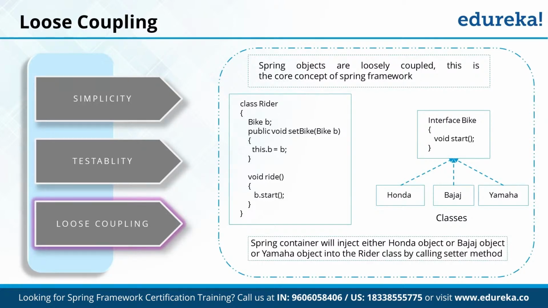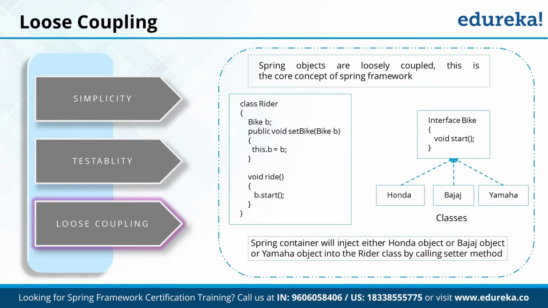We got this interface Bike available and we have a start method. We got various classes like Honda, Bajaj or Yamaha, which can implement the interface Bike and they will have a method like start, right? And at any time at runtime we can set the bike to be either Honda or Bajaj or Yamaha.